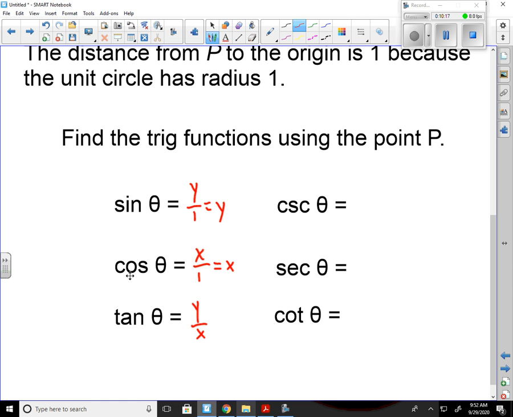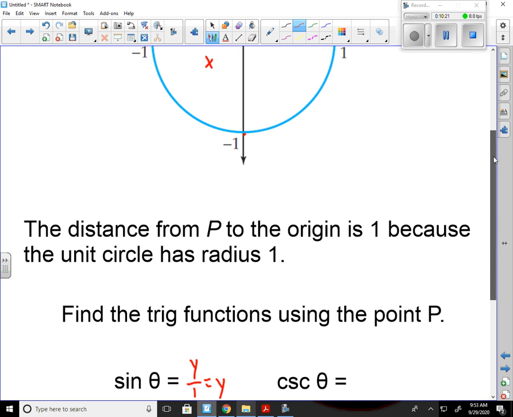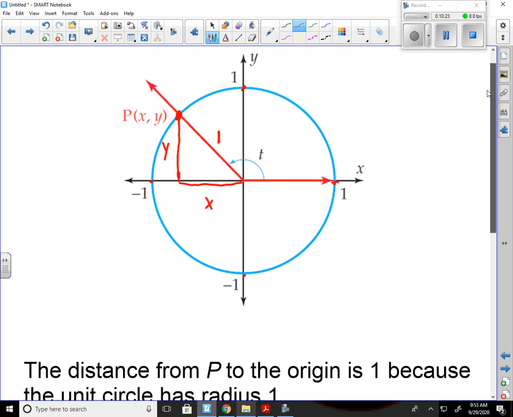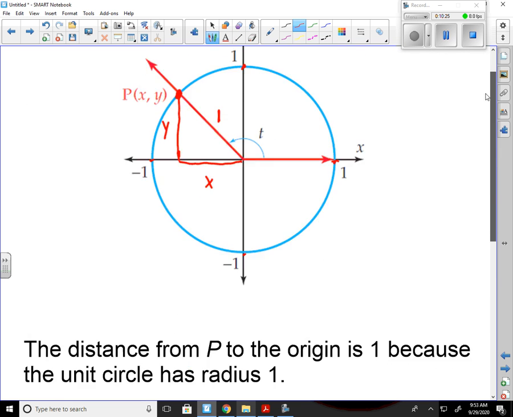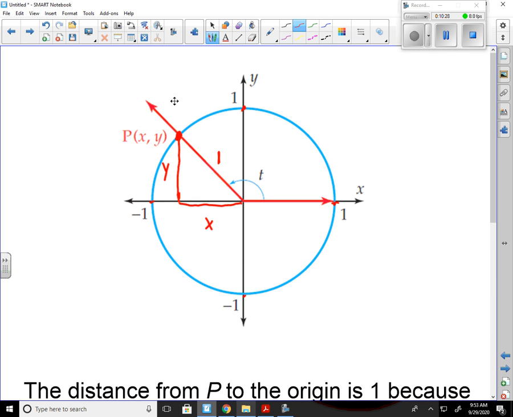The important part to note here is that when I look at this now, my sine is just y. My cosine is just x.